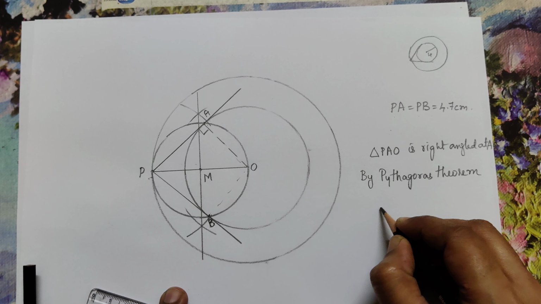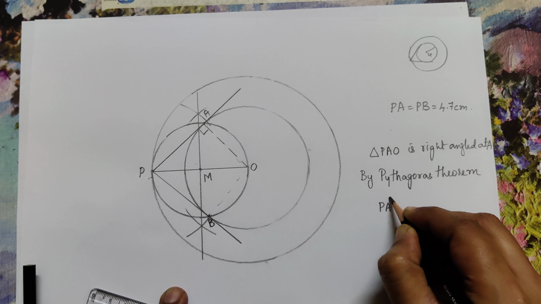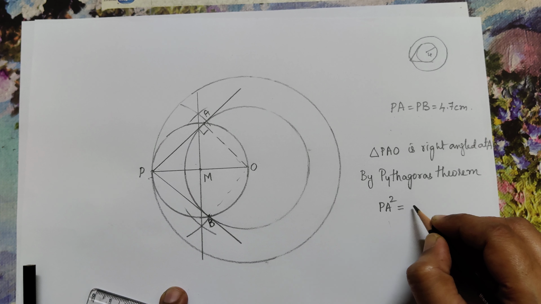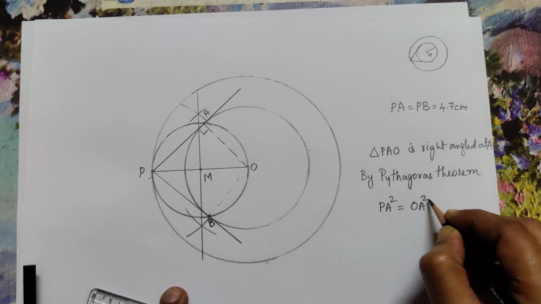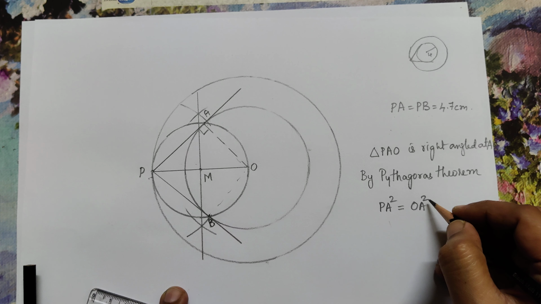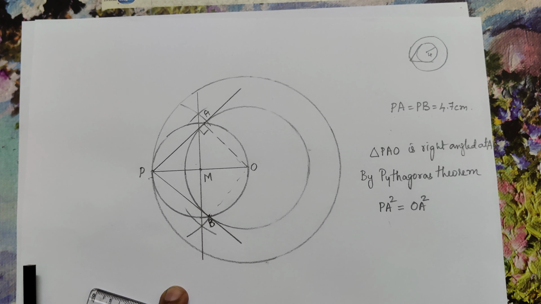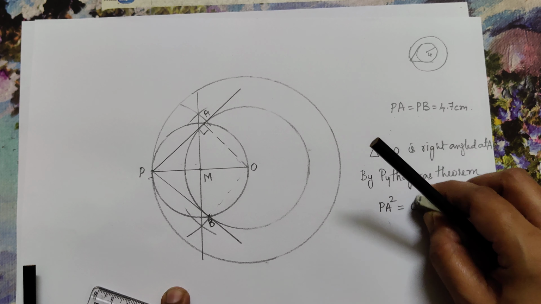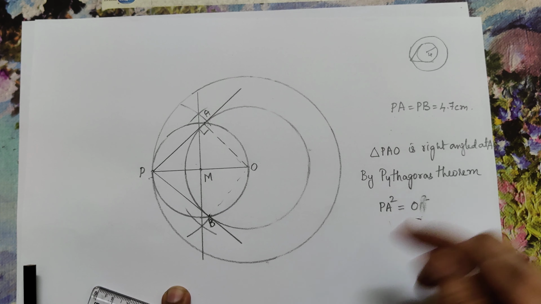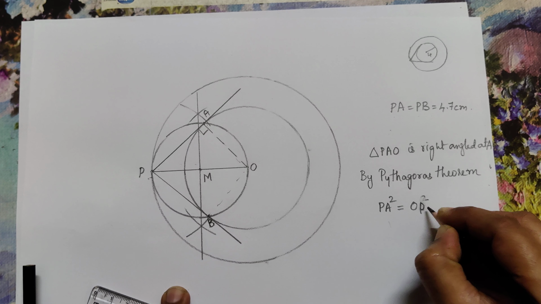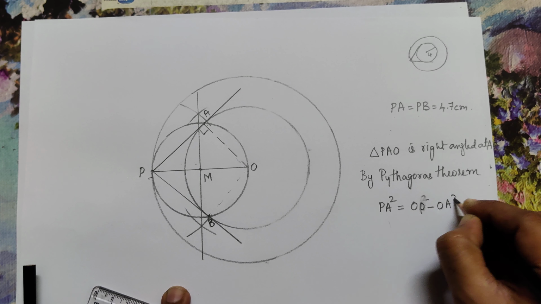you have PA square equal to OP square minus OA square.